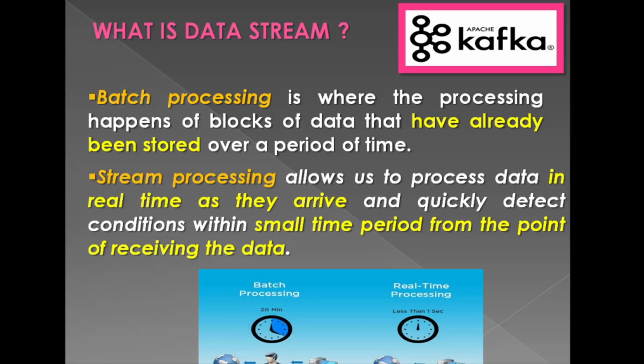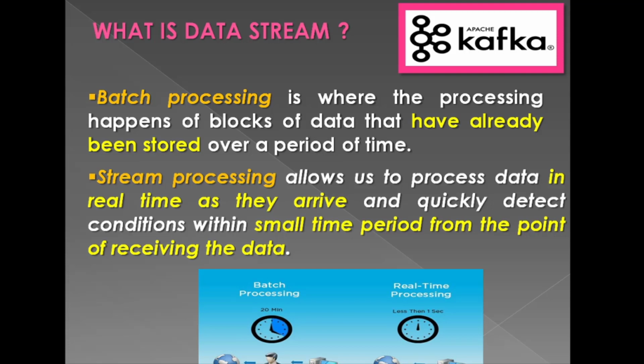Generally, there are two ways commonly used to process data. The first way is batch processing, where the processing happens on blocks of data that have been stored in a server or on a hard disk over a period of time.